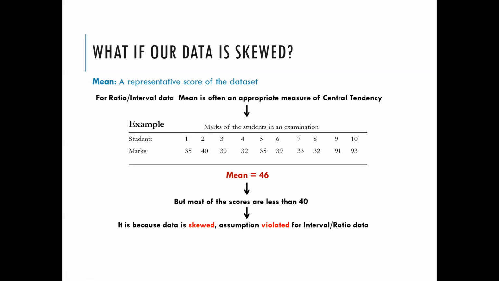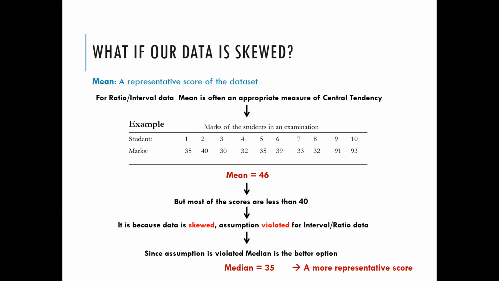In this case, because our distribution is skewed, that assumption is violated, and the median is actually a better option because the median is not very much affected by extreme values. Here, the median for this small sample of 10 students is 35, and that is a more representative score. You can see more of the values center around that median value of 35.